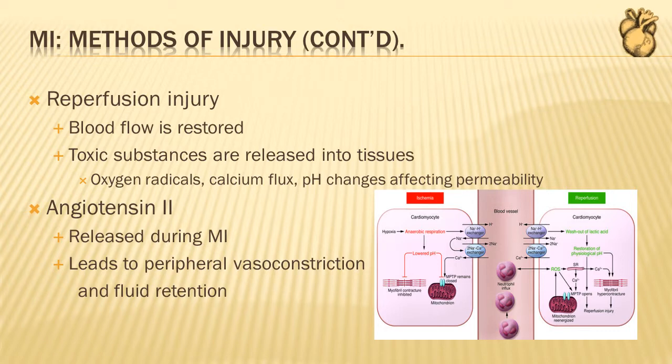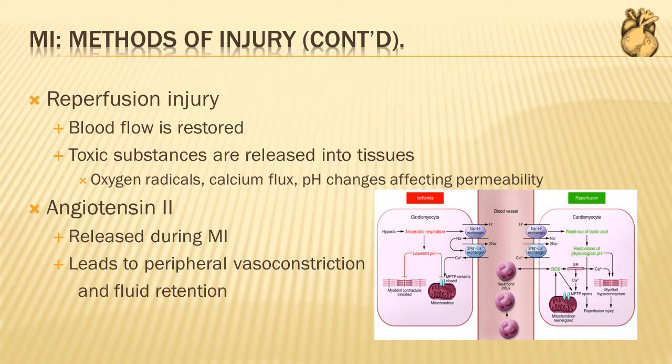So reperfusion injury, you think that's a good thing. Blood flow is restored. It is. However, it can also be very deadly because of the toxic substances that are getting released back into the tissues: your oxygen-free radicals, the calcium flux, the pH changes, because you have all this permeability going on.